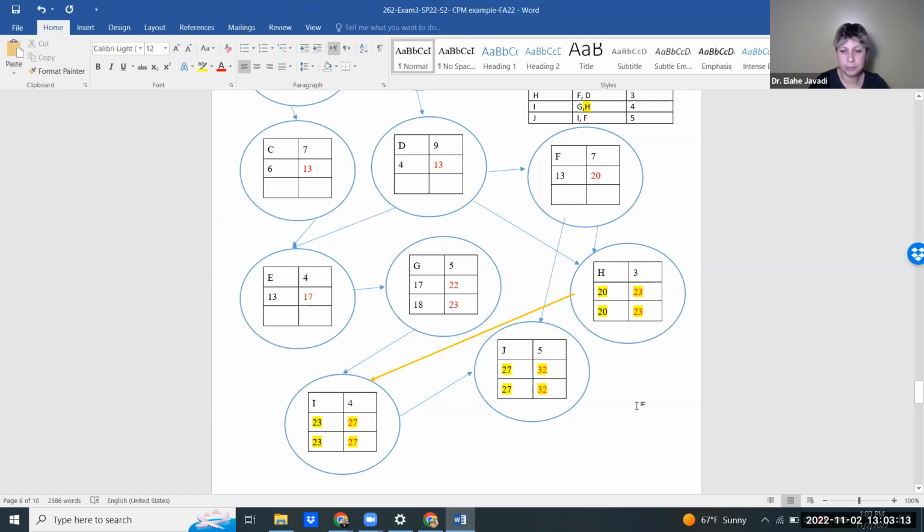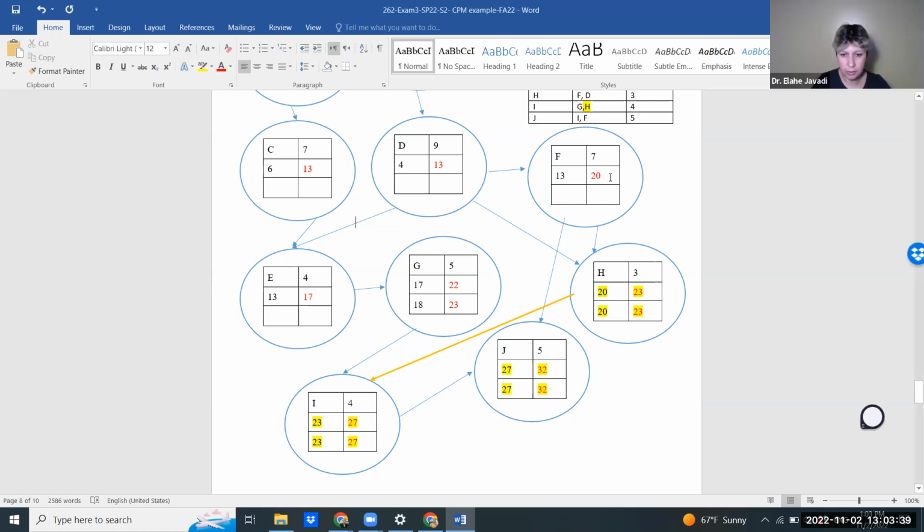G, F. I think F has two connections going out of it, so you have to read two numbers, and that's going to be Genesia. Would it be 20? 20.